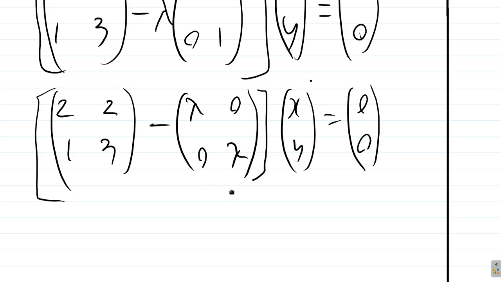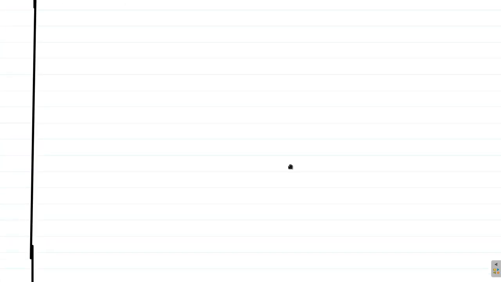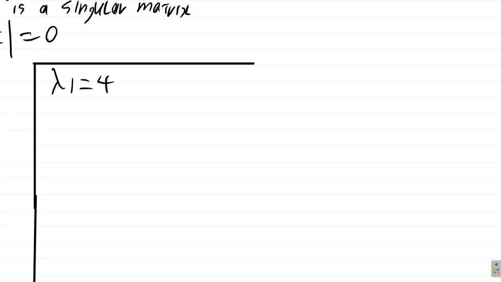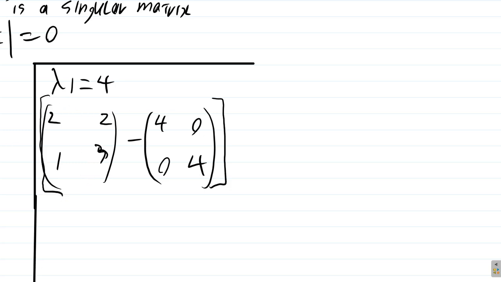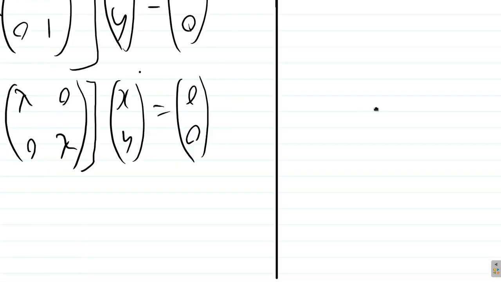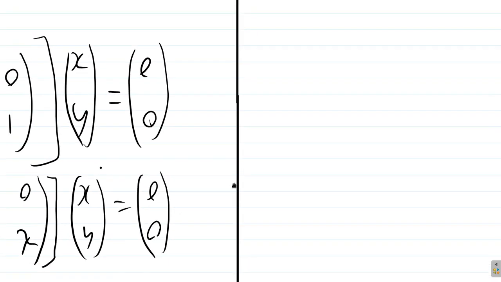Now we have 2, 2, 1, 3 minus lambda 0, 0 lambda, so it's going to be 2, 2, 1, 3 minus, it is 4, so it's 4, 0, 0, 4. Instead of writing lambda 0, 0 lambda, we know lambda is 4 here, so we write 4, 0, 0, 4, times xy equals 0, 0.